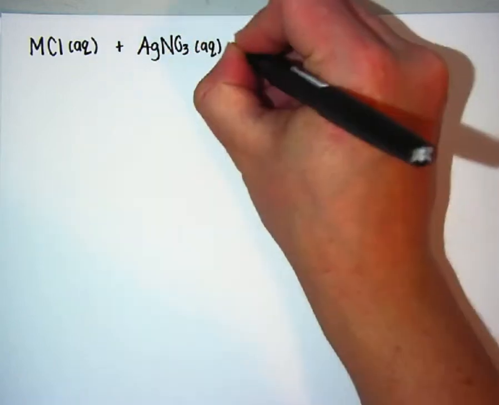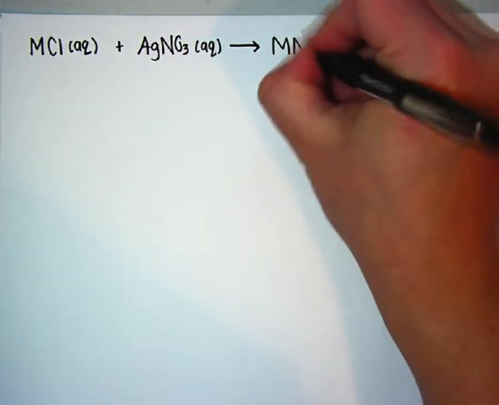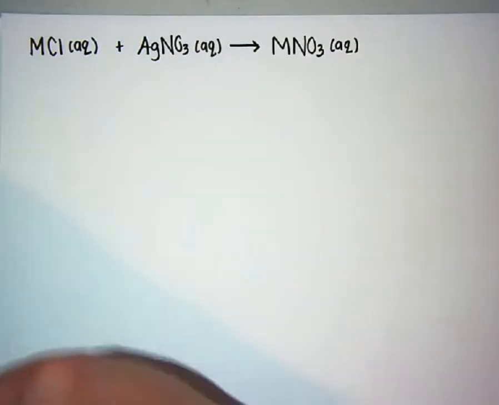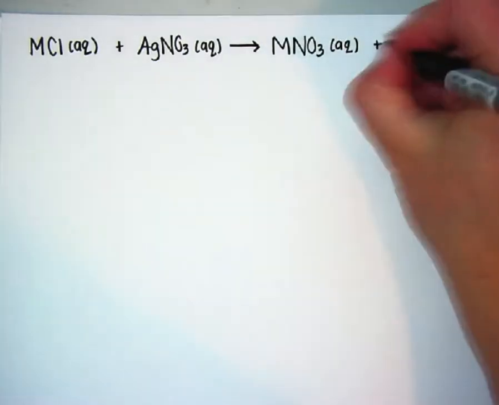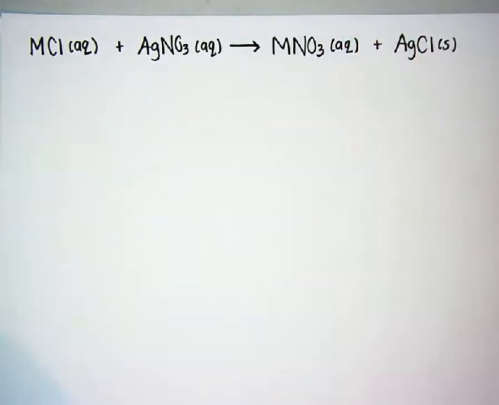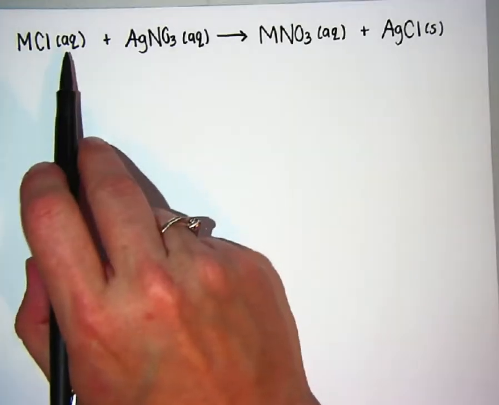Plus silver nitrate yields metal nitrate plus solid silver chloride. So again, aqueous just means that it can dissolve in water.